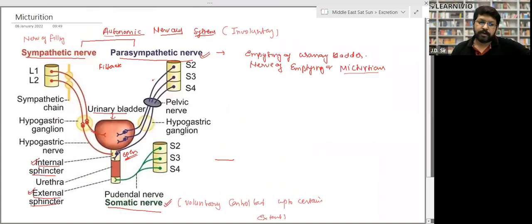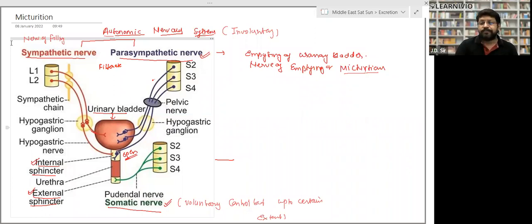There is a term, we call it micturition. So this is very important. Write it down, the term micturition, M-I-C-T-U-R-I-T-I-O-N. This is important. They can ask you what is micturition in a 2-pointer or 1-marker question. Please note it down.